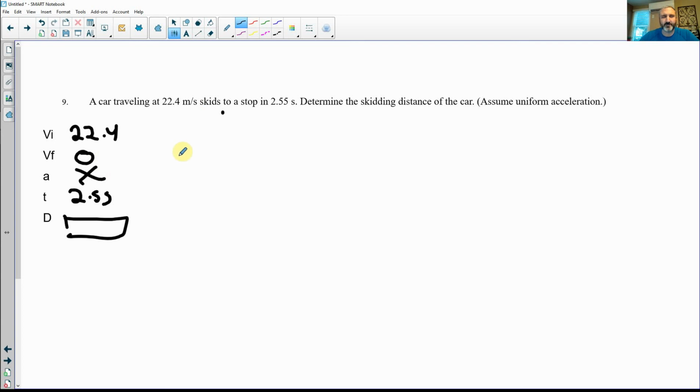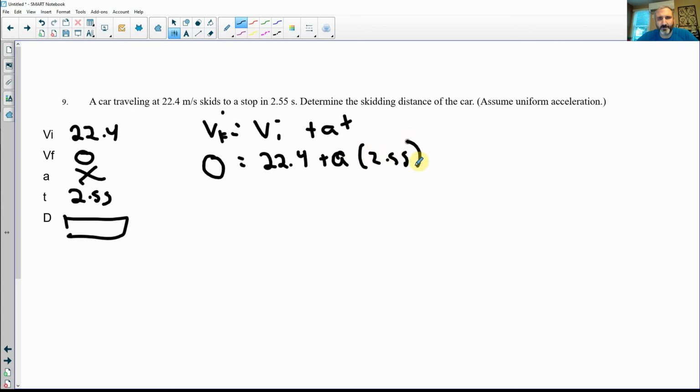So we actually have to figure that out. So I believe the best way to do this is going to be VF equals VI plus AT. So VF is 0, VI is 22.4. A is what we're looking for at the moment, times 2.55.